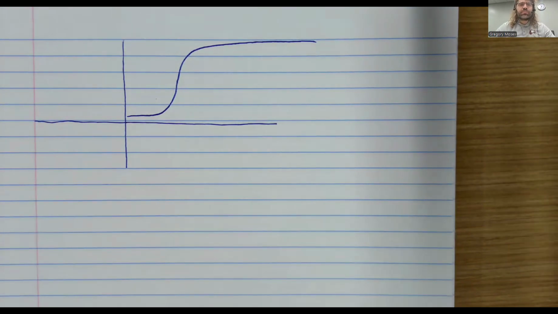This is the example I gave when I first talked about concavity. So, what's the equation of a graph that looks like this?